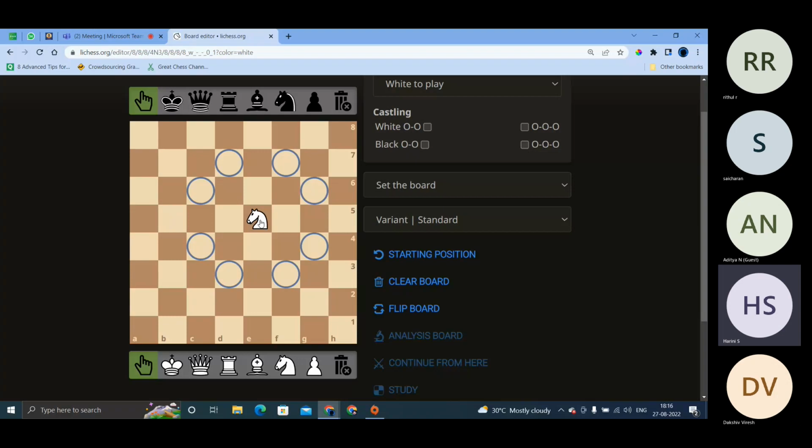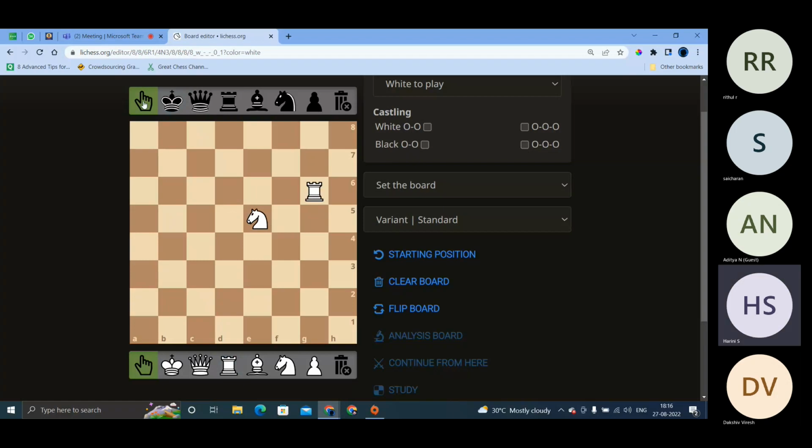From here the knight has control over these 8 squares and not any other squares. If there is an opponent's piece here, the knight will capture. If there is its own piece here, the knight will give the support.